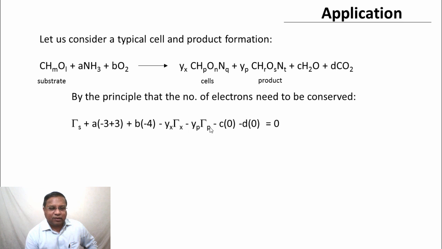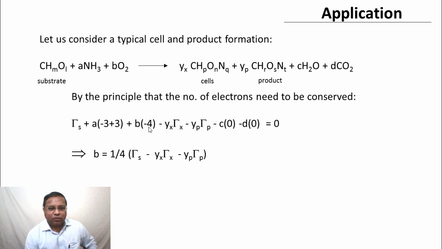I am writing this as an equation, therefore I am bringing all these to the other side, minus Yx gamma x minus Yp gamma p minus C times H2O, gamma of water was 0, minus D times CO2, gamma of CO2 is 0, that equals 0. So ammonia drops out, water drops out, CO2 drops out, and we have the remaining things. Therefore, A is already dropped out, C has dropped out, D has dropped out. B is the one that remains.